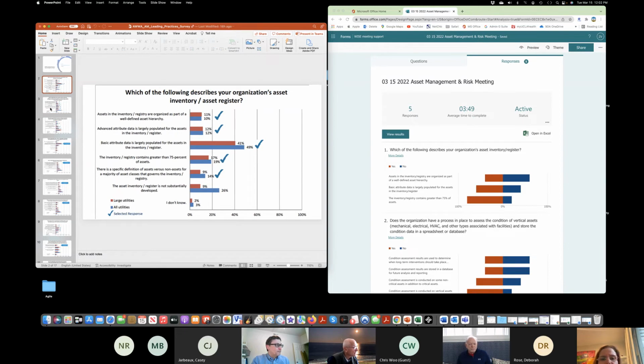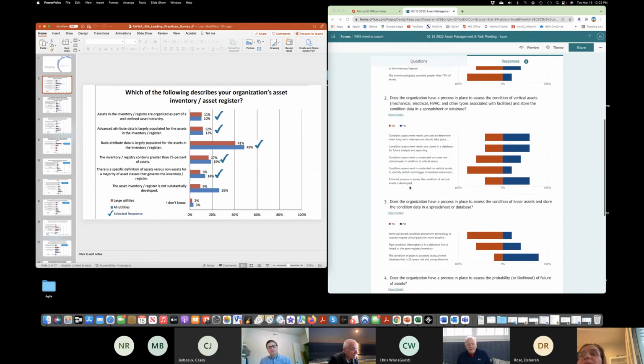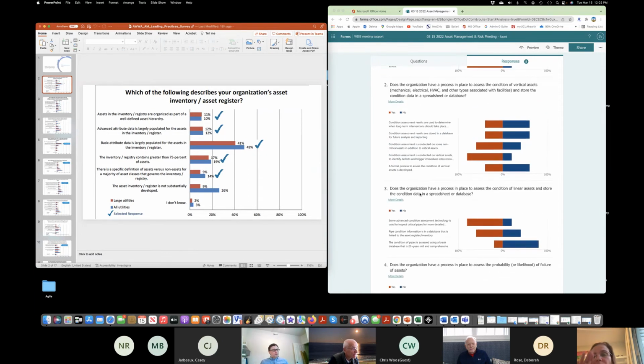Question number 2 is for vertical assets, and number 3 is the same question for the linear assets, which are the pipes and things like that. That might help with the two groups. Maybe each group would answer one question. Right, exactly. I just need more time to look into that. Sure, you can adjust, you can even submit a new one.